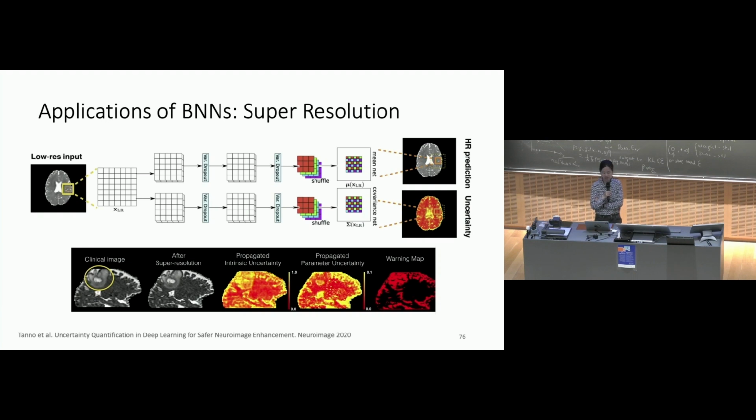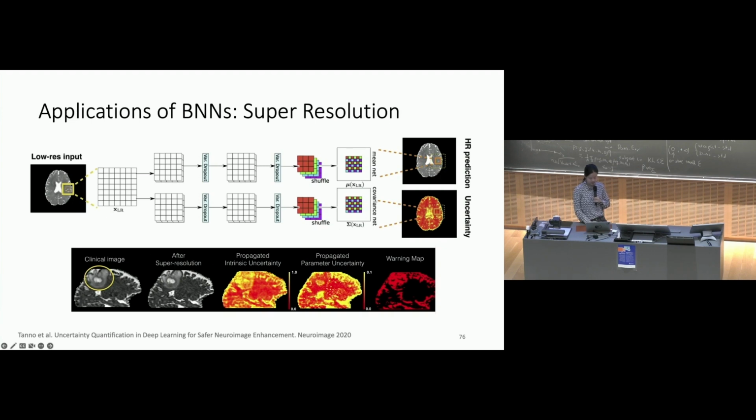But this is an ill-defined problem, because you want to enhance the quality by injecting, or interpolating, the pixel values for the high resolution version. So there will be some uncertainty there. They use different paths in the neural network to estimate the mean and the variance, and they have a dropout method.